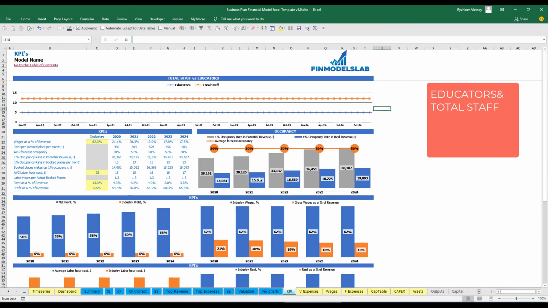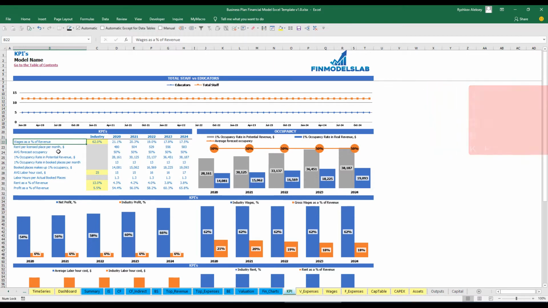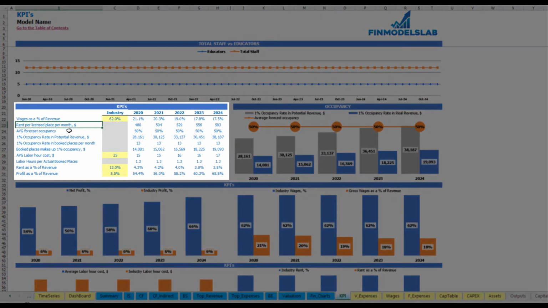Additionally, you may see the occupancy chart and all the charts related to benchmark industries such as wages as a percentage of revenue, rent per licensed place per month, average forecast occupancy, occupancy rate and potential revenue, occupancy rate and booked place per month, booked places makes up to 1% occupancy, average labor hour cost, labor hours per actual booked places, rent as a percentage of revenue, and profit as a percentage of revenue.